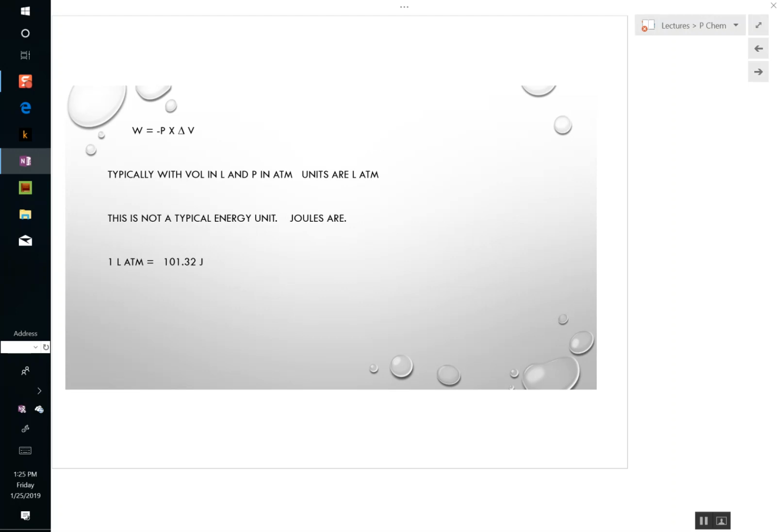Okay, now, and this is just as we're getting into the beginnings of chapter 2, and you're going to see this is a key equation, that work, little w, is equal to the pressure times the change in volume.